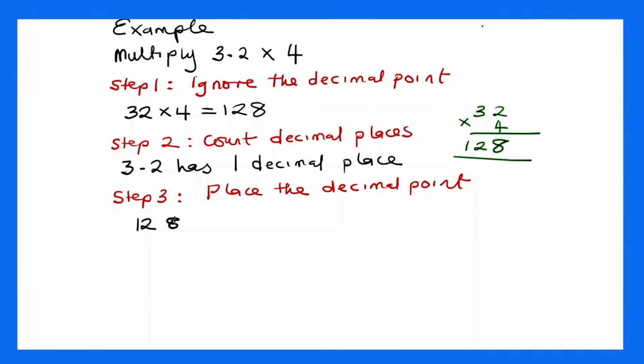On this number 128, we're going to put the decimal counting from the right 1 digit to the left. And then we're going to place the decimal over here. So your final answer becomes what? 12.8. Therefore, 3.2 multiplied by 4 equals 12.8.